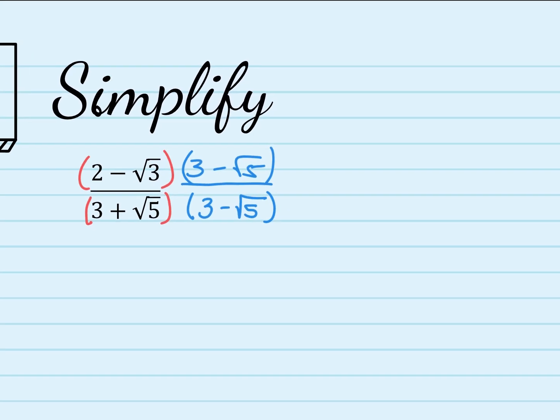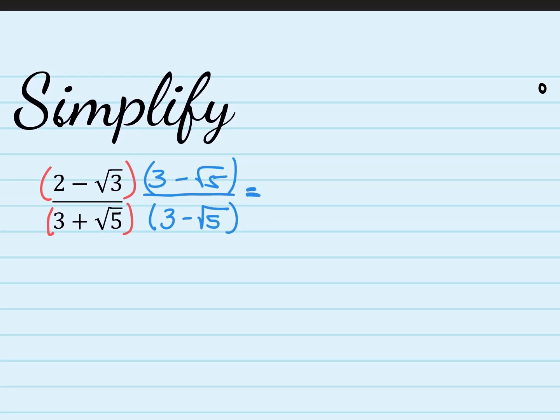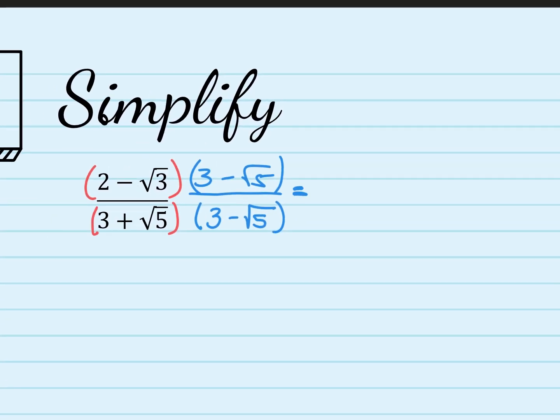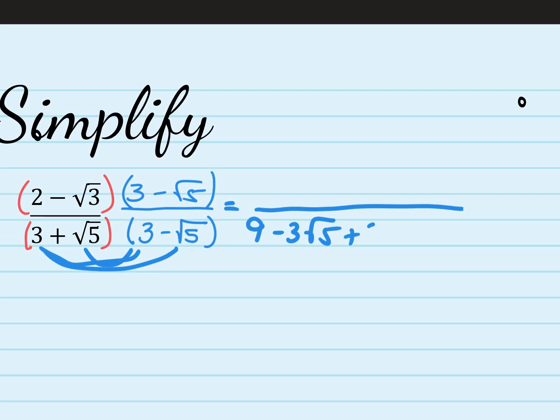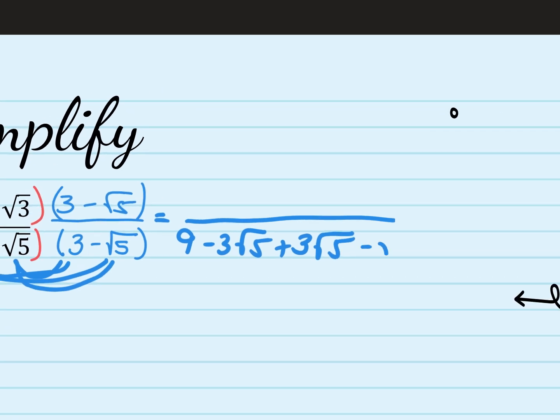So I'm going to go ahead and FOIL the bottom just to make sure that my denominator, the radicals cancel. So 3 times 3 is 9. 3 times negative root 5 is minus 3 square root of 5. Positive square root of 5 times 3 is plus 3 square root of 5. And positive root 5 times negative root 5 is minus the square root of 25.